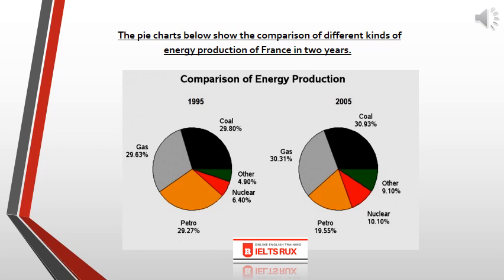Similarly, in 2005, coal is 30.93%, other is 9.10%, nuclear is 10.10%, and petrol is comparatively less, 19.55%. In the next slide, we will see the model answer, as this diagram is explained.